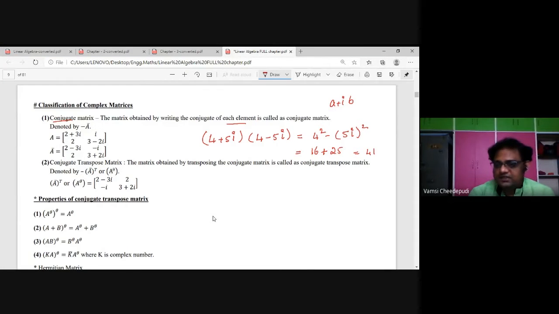The answer is a real number, though you began with an imaginary number. That's why the conjugate of 4 plus 5i is 4 minus 5i.